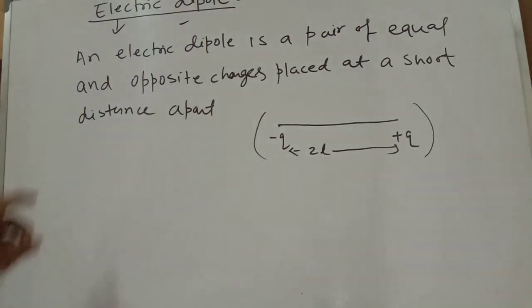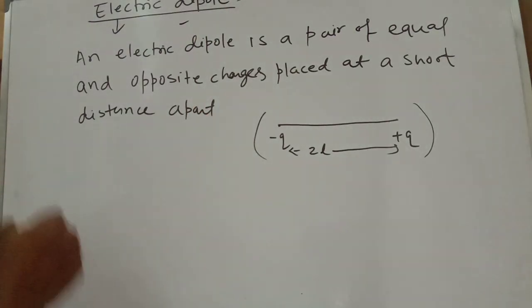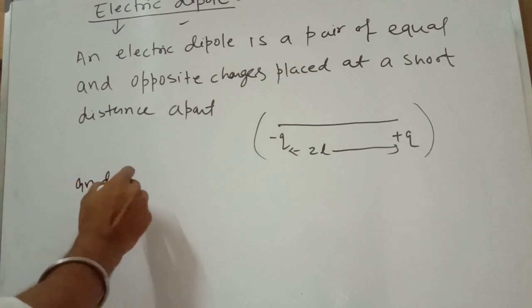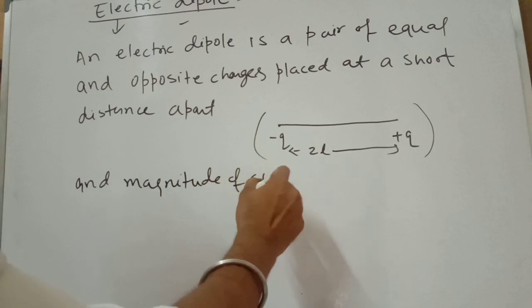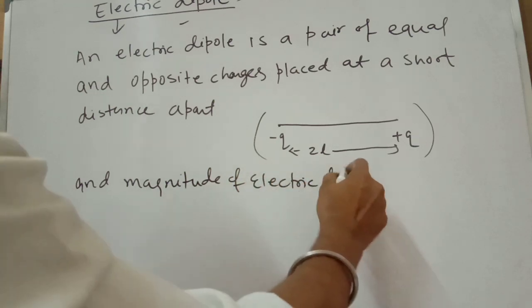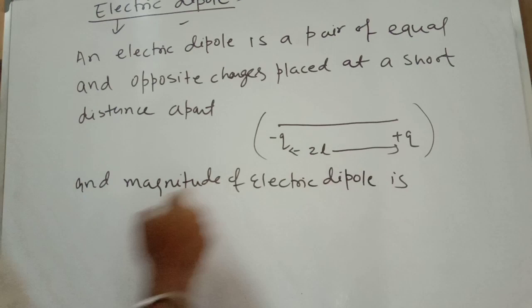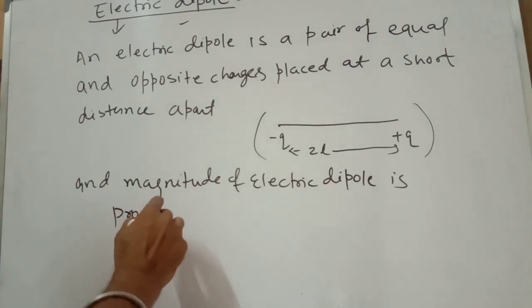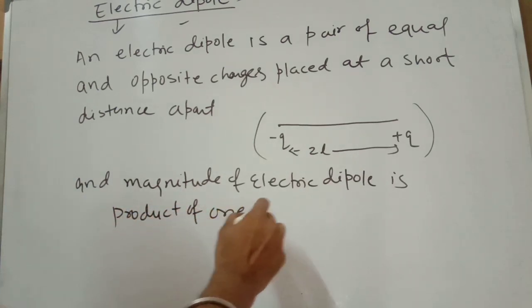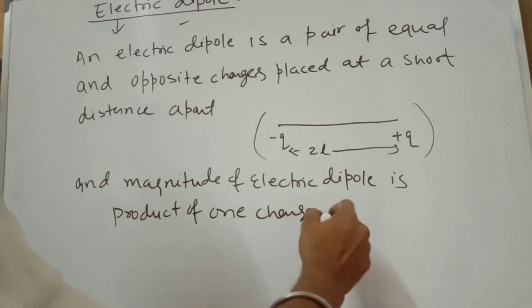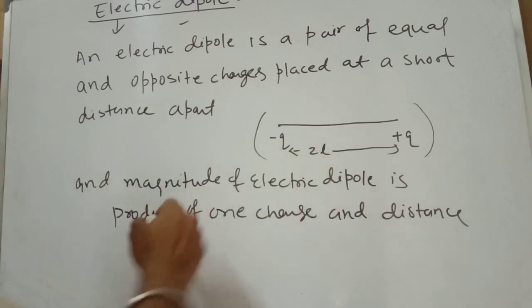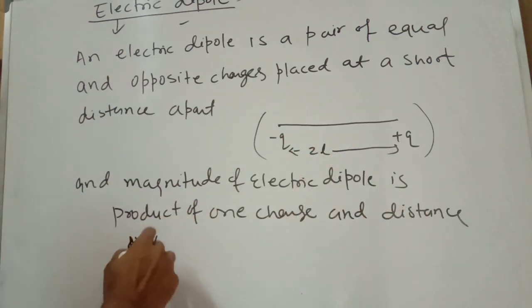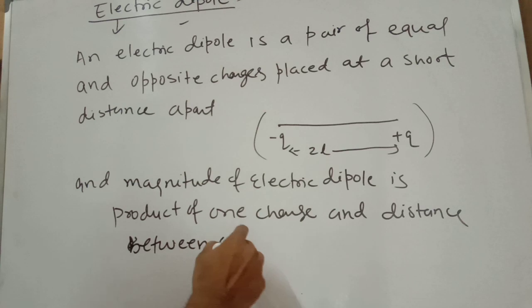So how can you find the magnitude of electric dipole? You can write: the magnitude of electric dipole is the product of one charge and the distance between the charges.